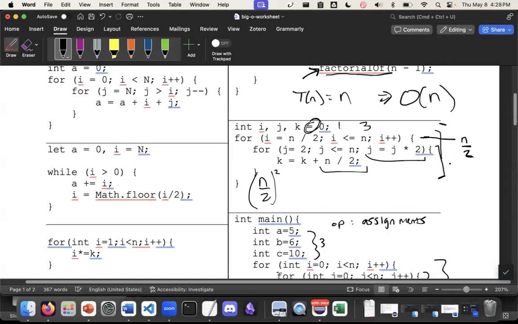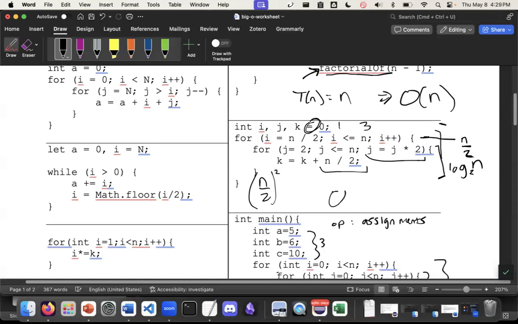This is actually an example of a log, because we're dividing n, this gives us the log. And so, since we're starting at 2 and going up to n, maybe it's log base 2 of n.